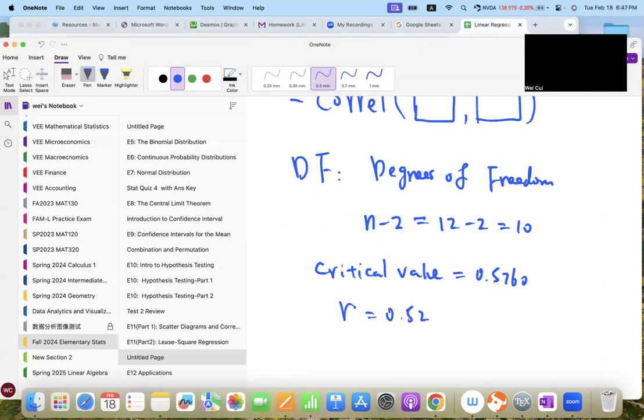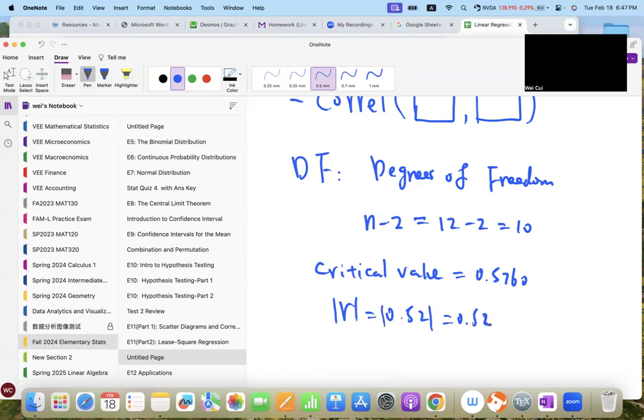Now because R is positive, we don't need to use an absolute value. But let's say if R is negative, before you compare, you need to take the absolute value of R, right?